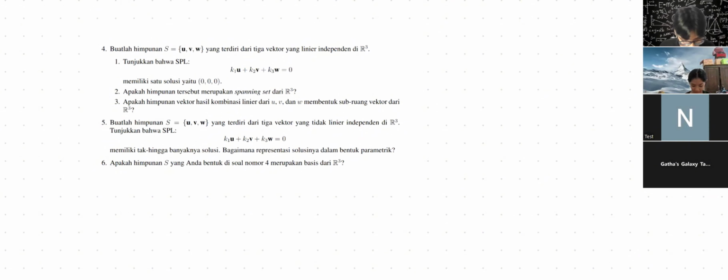Okay, question number 4 is: create a set S of vector U, vector V, and vector W consisting of 3 linearly independent vectors in R3. Okay, for number 4, we choose the standard basis vectors in R3, like U is (1, 0, 0), V is (0, 1, 0), and W is (0, 0, 1).